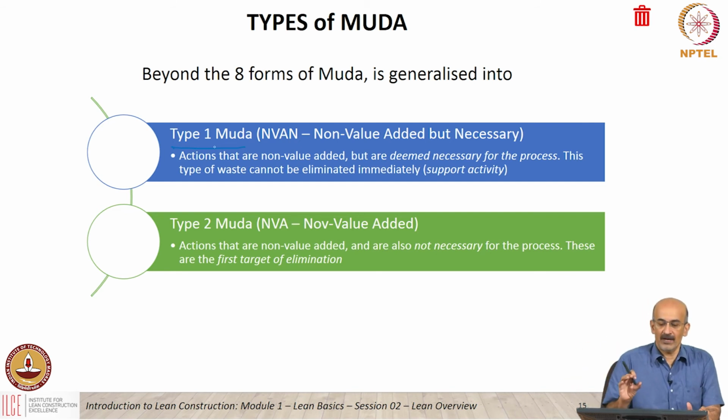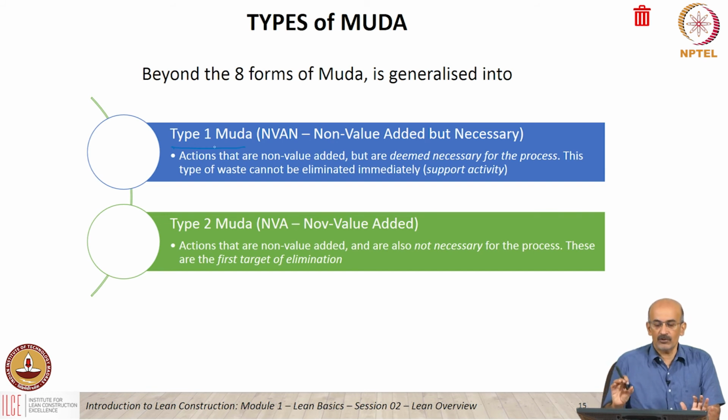And the type 2 MUDA is non-value added, that is just non-value added. So if a worker is idle, definitely non-value added. If a worker is transporting brick, it's probably non-value added, but necessary because it contributes to value added work, which is placing the brick on the wall.